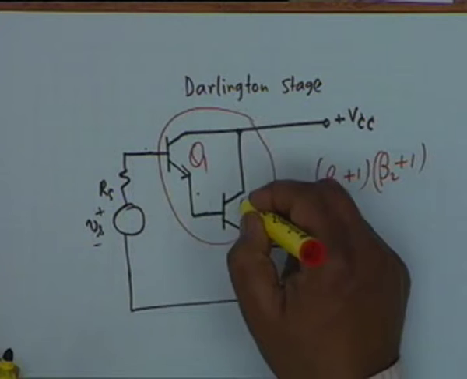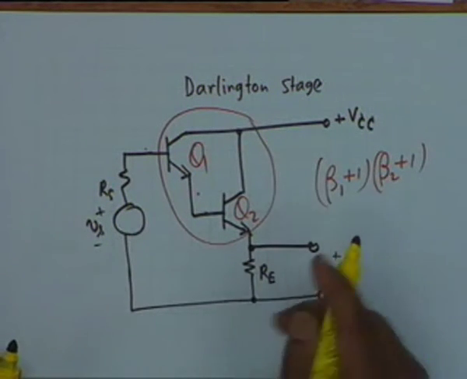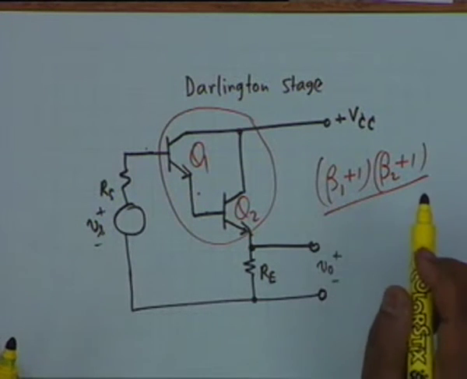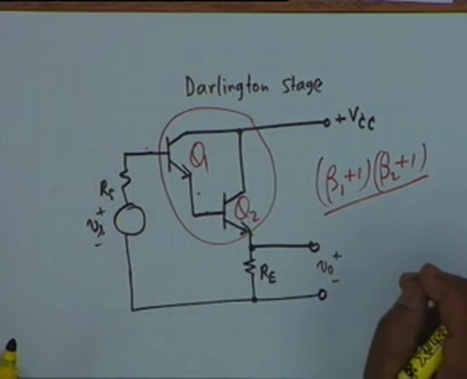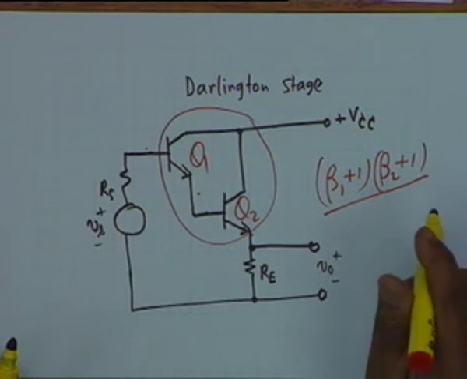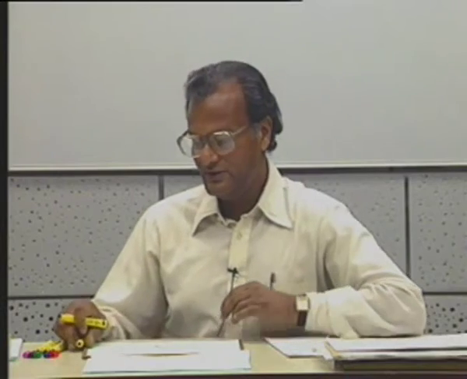If this transistor you call Q1 and this you call Q2, this is what will happen, and this is what indeed happens. If your beta is 100, then approximately this is 10 to the power 4. A single transistor with a beta of 10 to the power 4 cannot be fabricated, and therefore this is a way to have the equivalent of a high beta transistor.